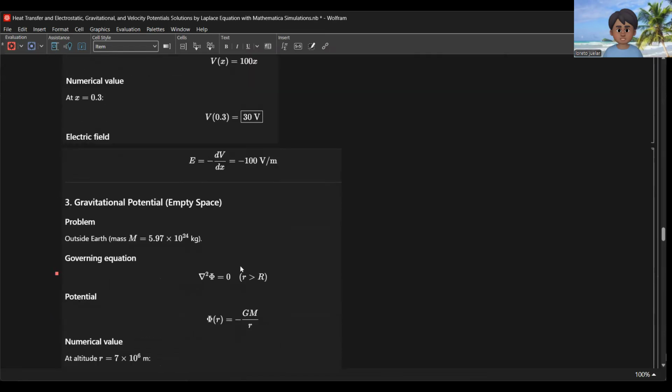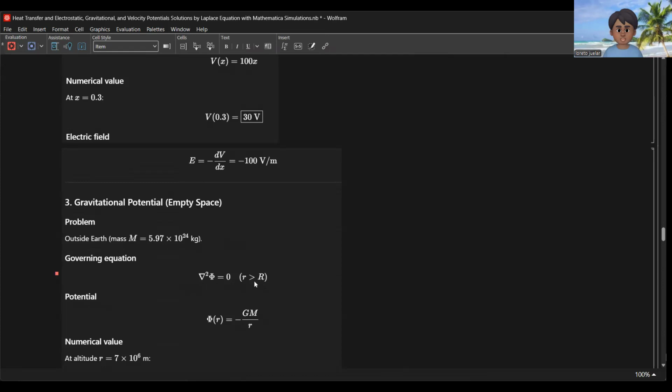So we have the gravitational potential for empty space, outside the Earth. The mass is 5.97 times 10 to the 24 kilograms. We have the governing equation: the Laplacian of phi equal to 0, where r is greater than capital R, so r is outside the Earth.